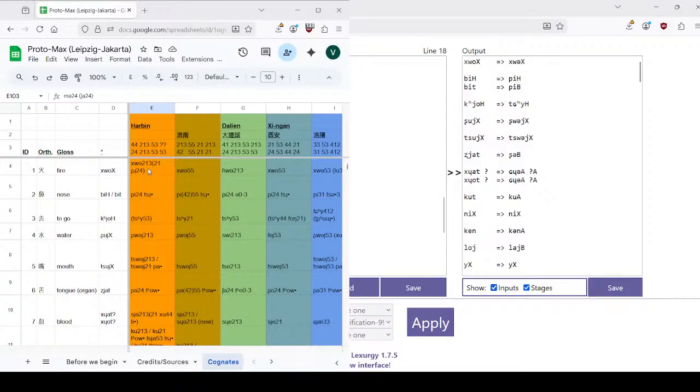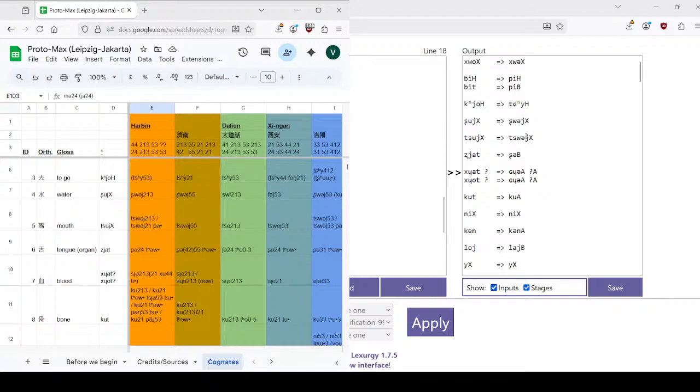And then we have 火, 火, 2 and 3, yeah, 火, B. So the second one is what we want. 去, which is correct even though it isn't technically in the list of words. 水 is correct. And then 嘴, 嘴 is correct.